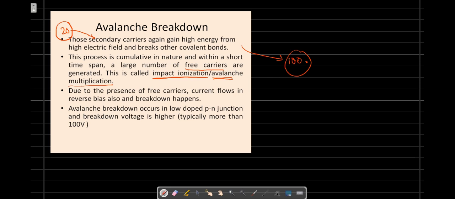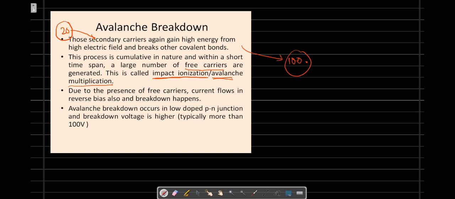So initially the breakdown process started by the thermally generated carrier. They attack a few covalent bonds. Secondary electron hole pairs are generated. They gain high energy from the electric field. Again, a new set of carriers are generated. So this process will occur in a cumulative way, and within a short time span, a large number of carriers are available and they can conduct current.